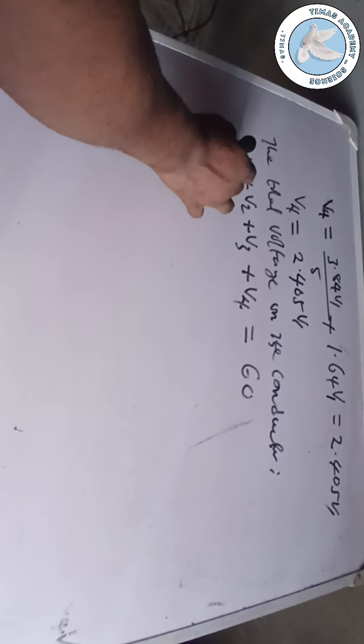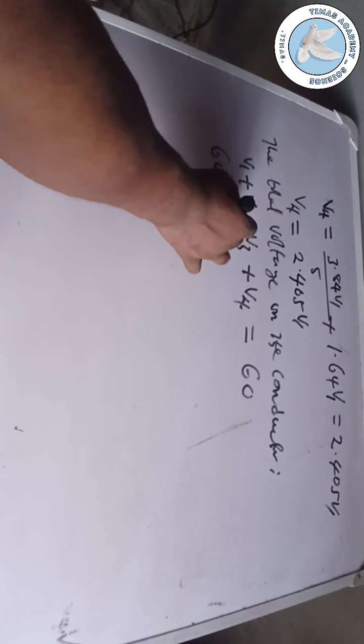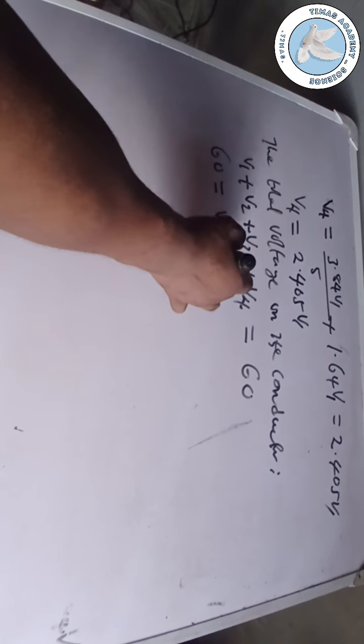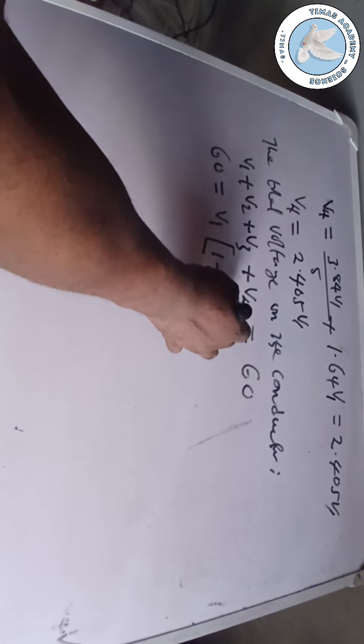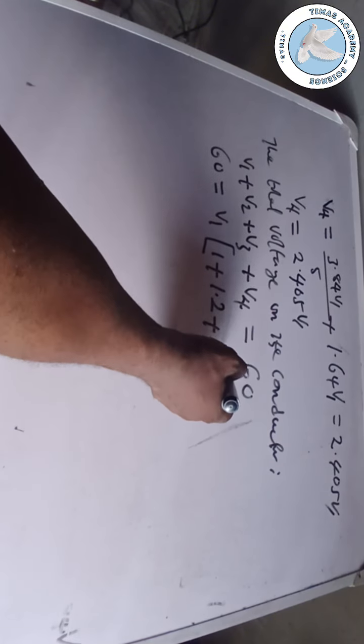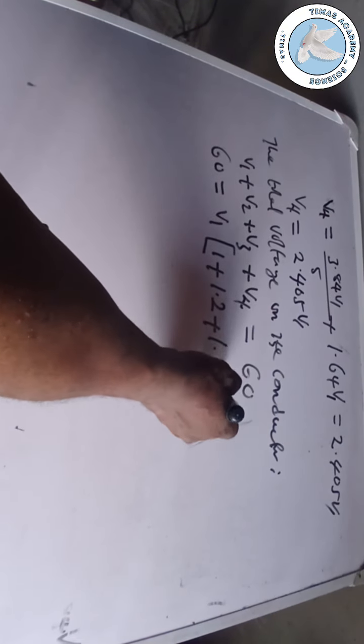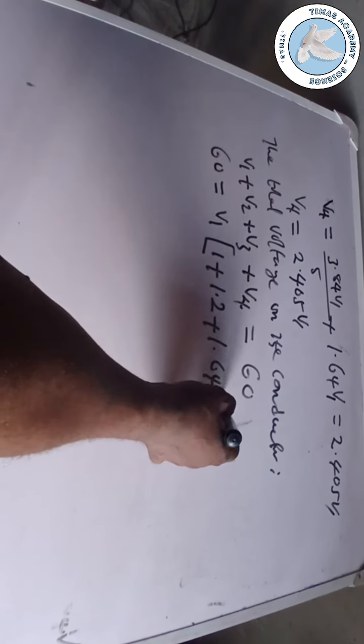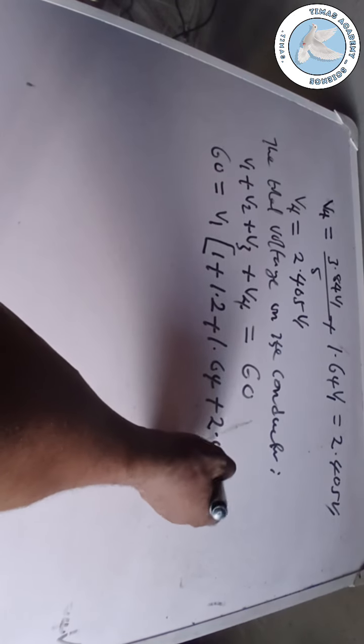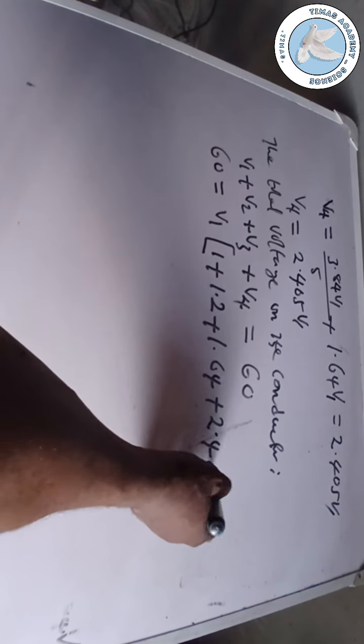So 60 is actually V1 times 1 plus 1.2 plus 1.64 plus 2.408.